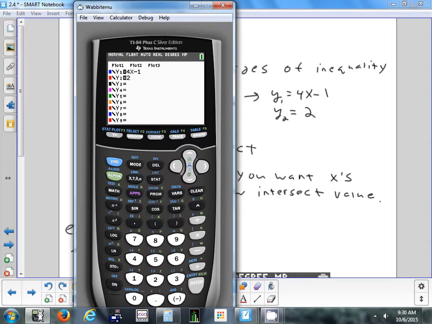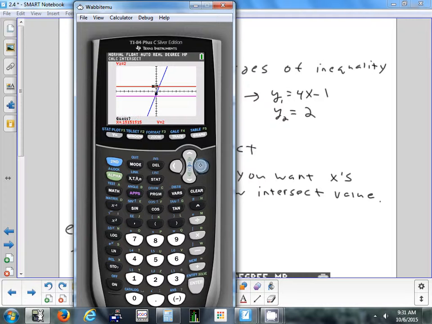But if I had something like this, now I have to tell it whether I want the intersection between the pink and the blue or the blue and the red. In my case, I was doing the blue and the red, so now it knows which two to look for.